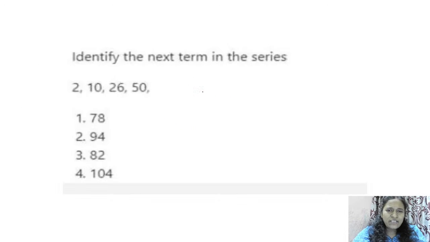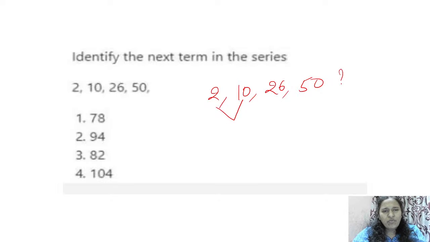Okay, the next series is 2, 10, 26, 50. We have to find the next term. Okay, this is 8 and the difference between these two is 16. The difference is 24. And what is the difference between these two?